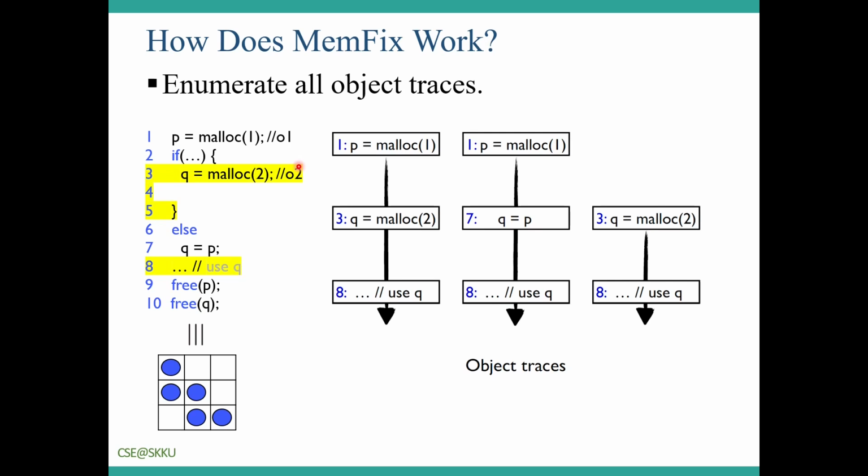So in summary, the first step of Memfix is to enumerate all object traces, each representing how an allocated object such as O1, O2 is used and deallocated across the different execution paths. In this toy example, there are 3 object traces.